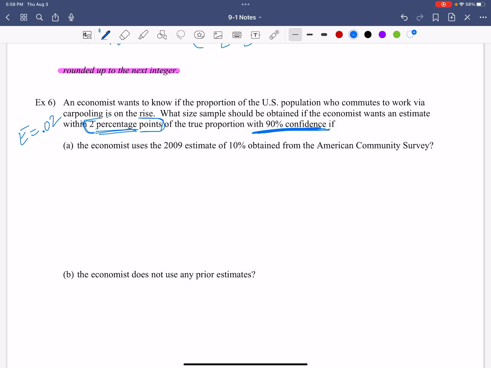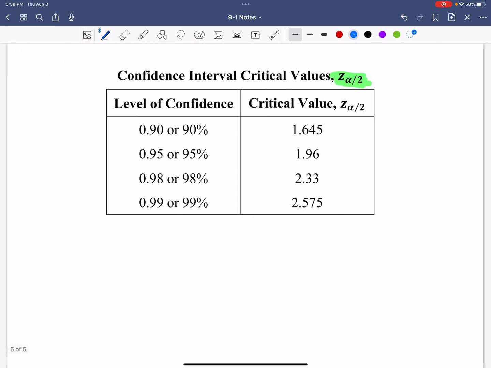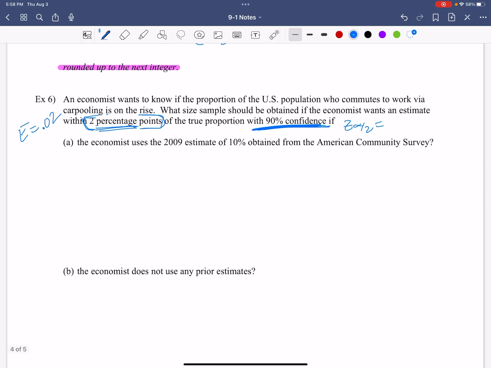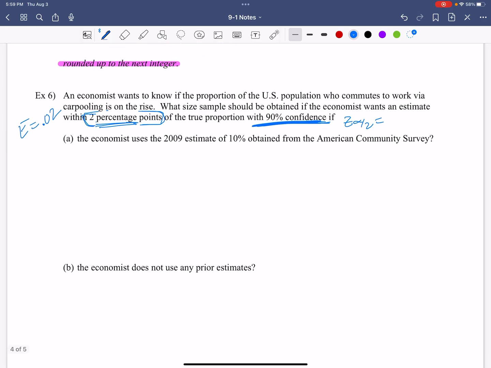Now here's where that alpha divided by 2 situation comes in. If I am 90% confident, I come over to my chart. 90% confident, my value is 1.645. Literally, that's how that works. So the economist uses an already given estimate of 10%.